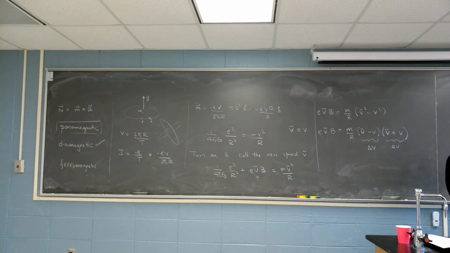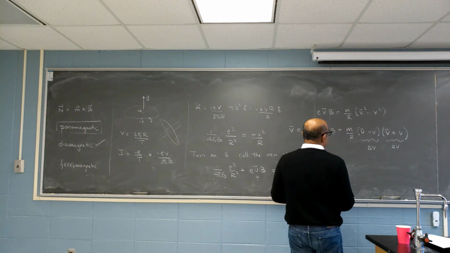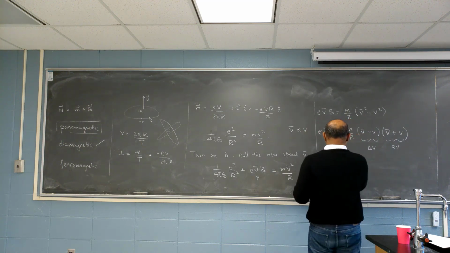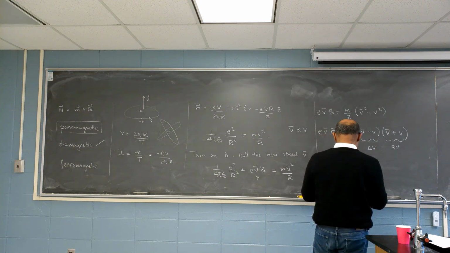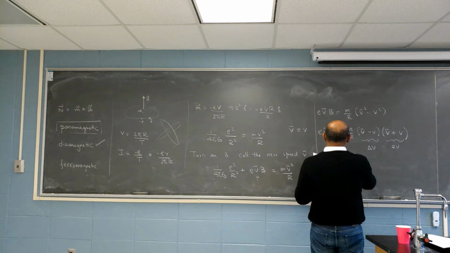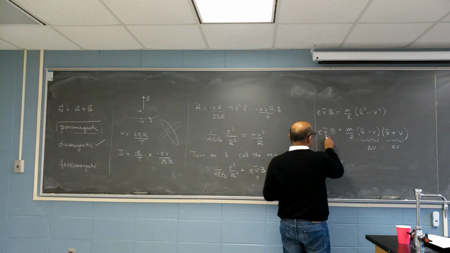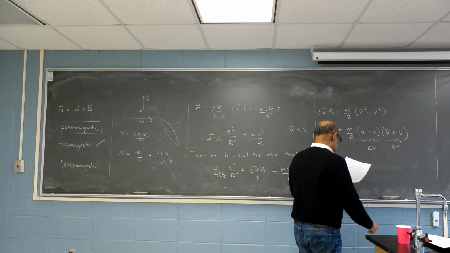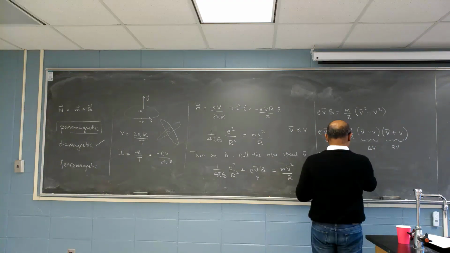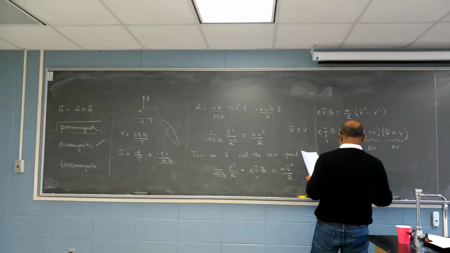And then I get that delta V. I'm going to solve for delta V. Delta V equals, well, you can see this also becomes a V. So V and V cancels. There's a 2. And so I get E R B over 2M.